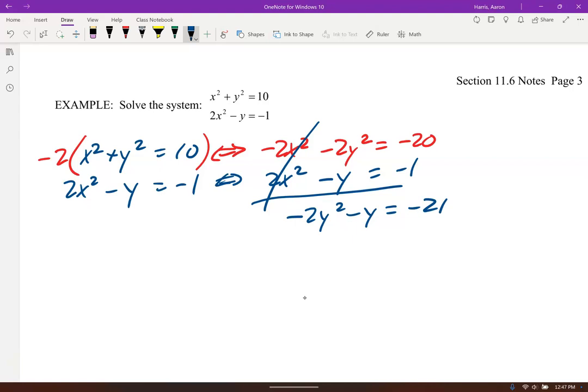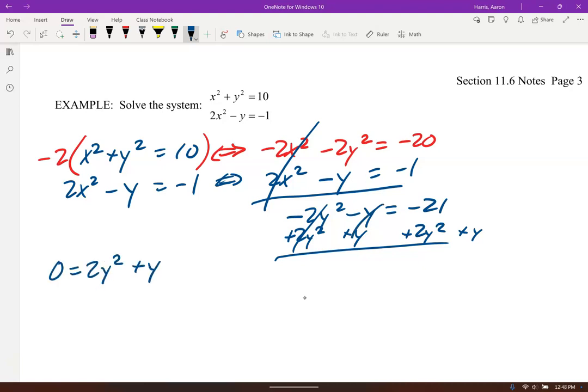So let's get one side equal to 0. Let me add 2y squared to both sides. Let me add y to both sides. So I have 0 equals 2y squared plus y minus 21. I think this will factor. So 2y and y.